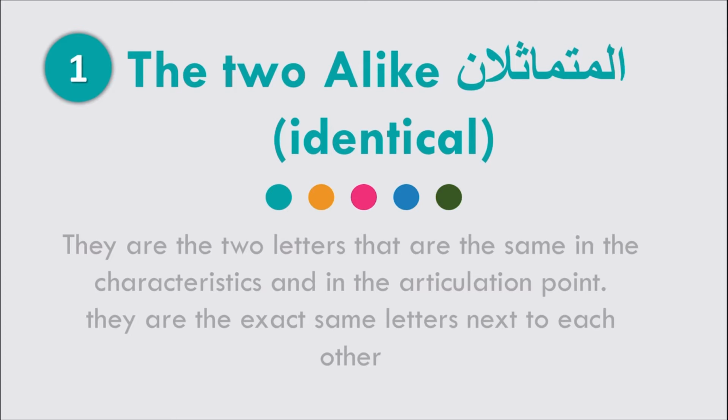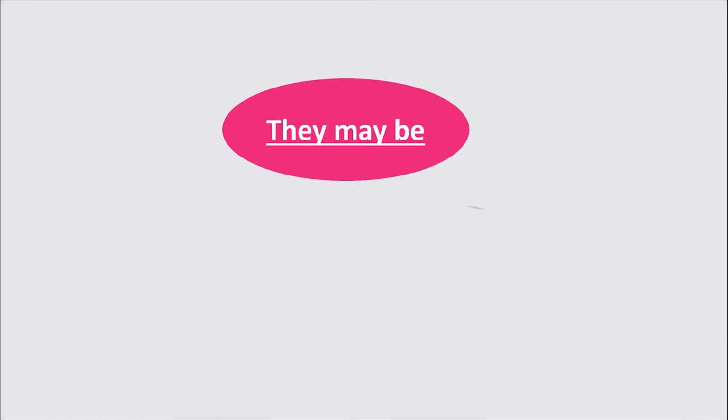So the two identical letters are the two letters that have the same articulation characteristics and the same articulation points, and they are exactly the same letter coming after each other. As I showed you in the last lesson, وَلْيَكْتُبْ ba. Both are ba together.